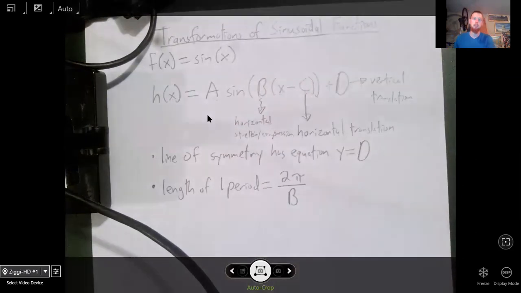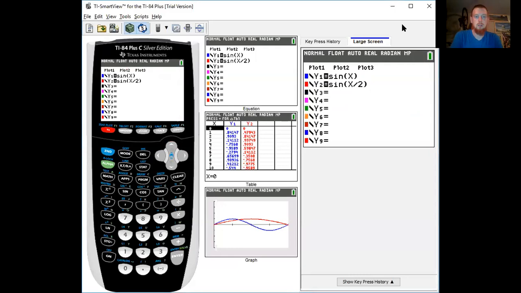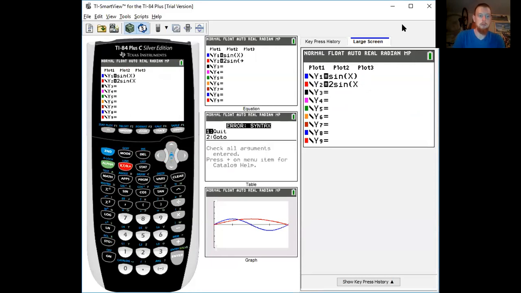So the last one that we need to talk about is, hey, what happens if you multiply by constants? So we're going to do 2 times the sine of x, graph.